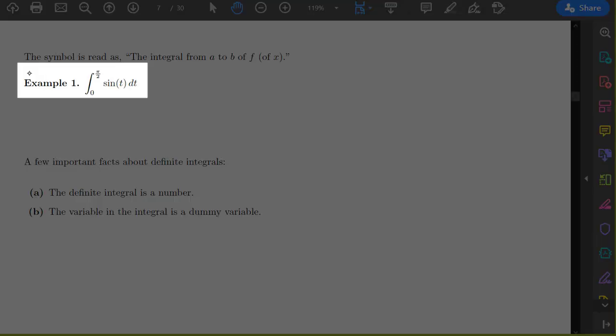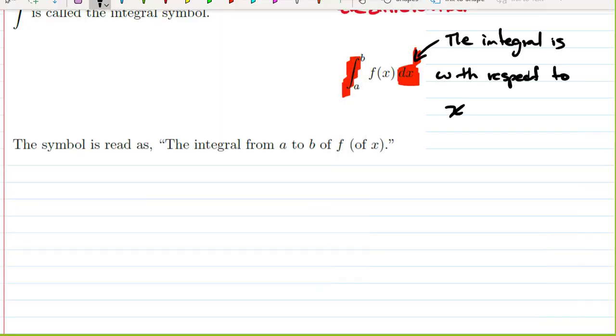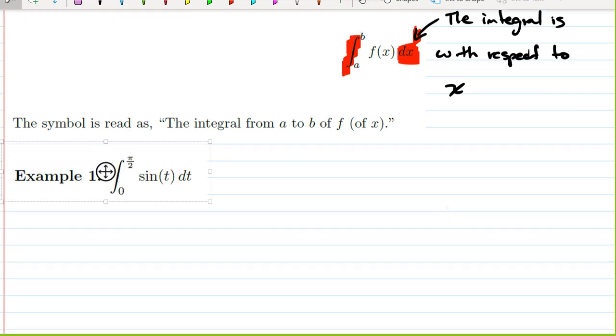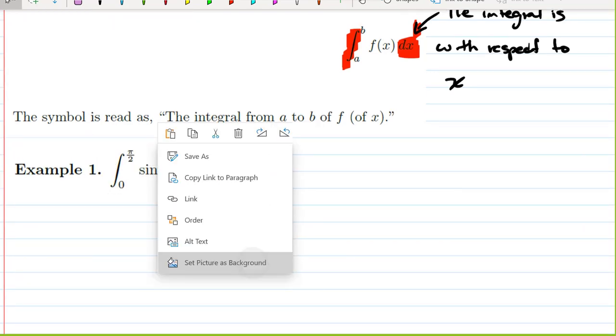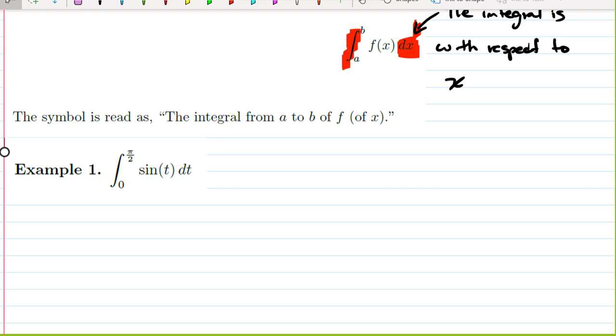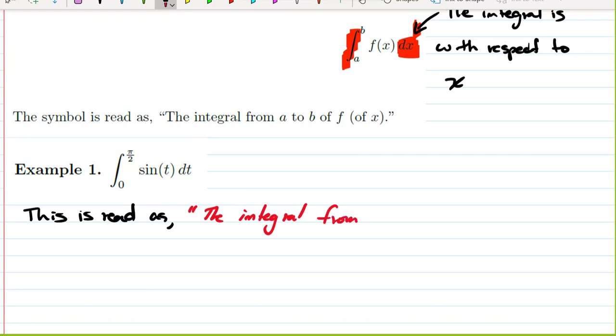For example 1, if we have the following integral, this is read as the following: the integral from 0 to pi over 2 of sine t dt.